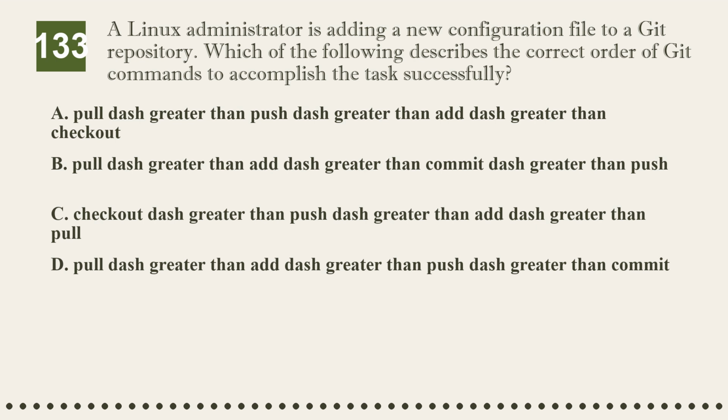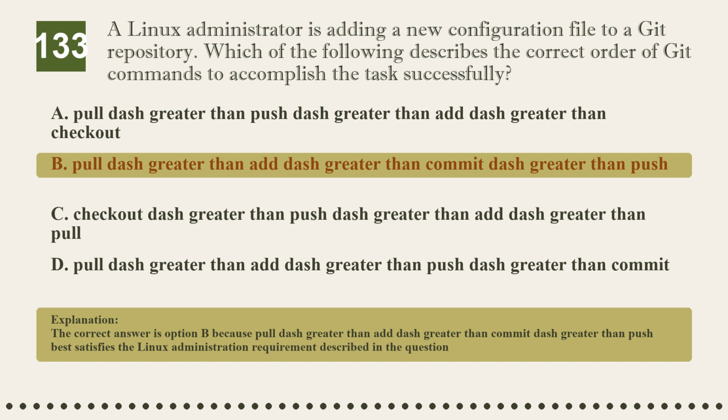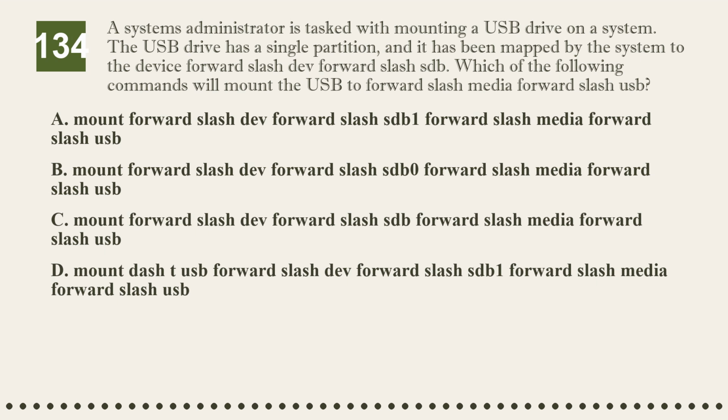Option D, pull > add > push > commit. The correct answer is option B, pull > add > commit > push. The correct answer is option B because pull > add > commit > push best satisfies the Linux administration requirement described in the question.